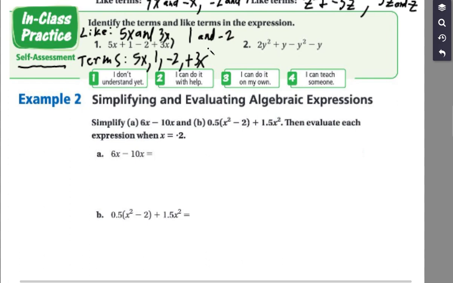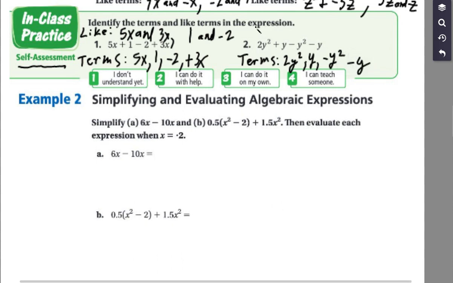Okay. So then on number 2, the terms, if we list out all the terms, it's 2y squared, the y, the negative y squared, and the negative y, like that.